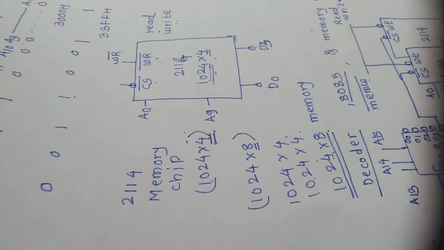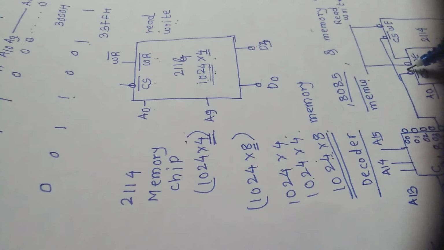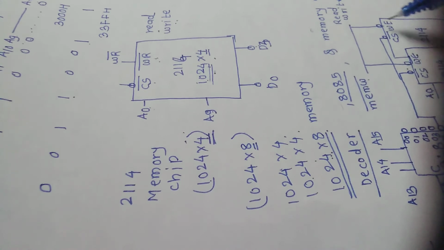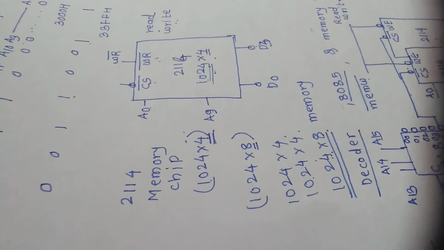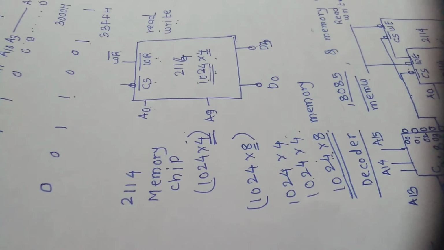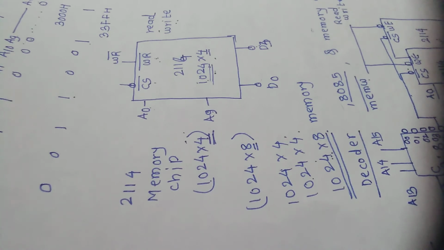That's why the A0 to A9 address lines are commonly taken outside, and the CS bar and write enable bar are commonly taken outside, and the data lines or input output lines are taken sequentially: for the first IC data lines D0 to D3, and for the second IC data lines D4 to D7. In this way I will have 8 data lines here.